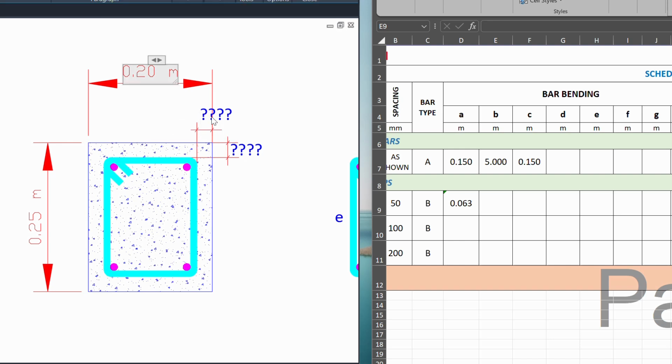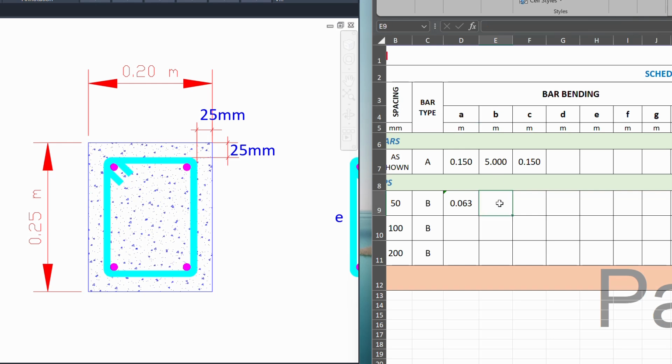It is at least 25 mm, also here 25 mm. So for this 0.20 meter, we have to subtract the 25 mm from this side and this side also.